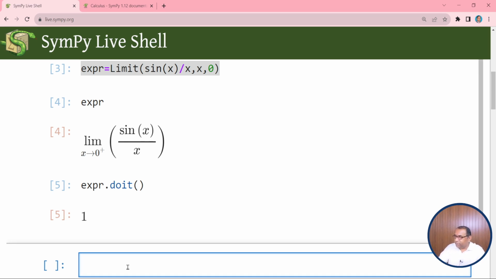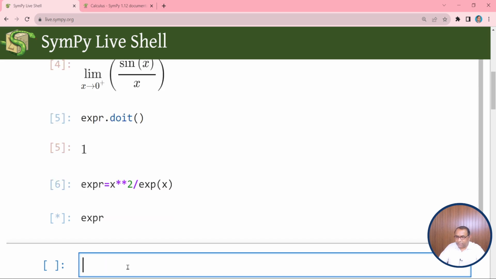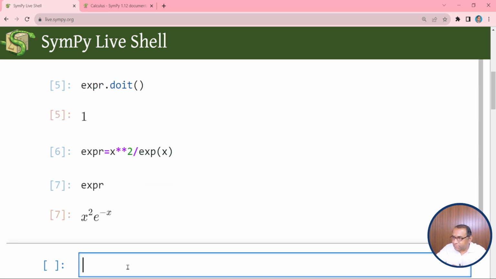Also, if you have the expression equal to x square divided by the exponential function, then enter. Expr is equal to x square into e raised to the power minus x, and we want to find this limit.